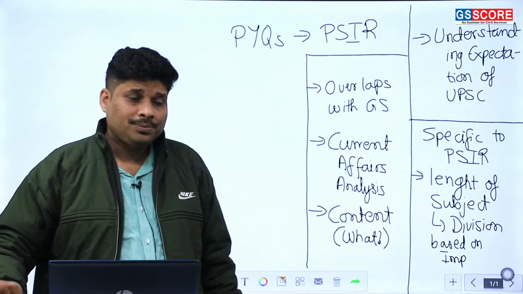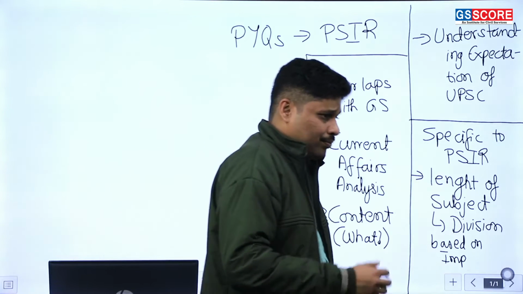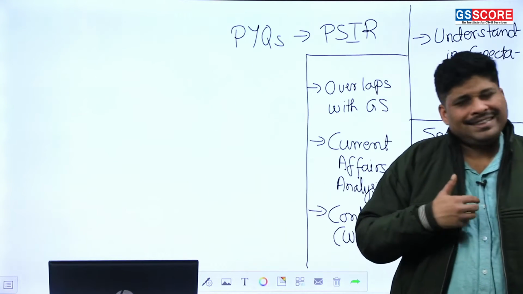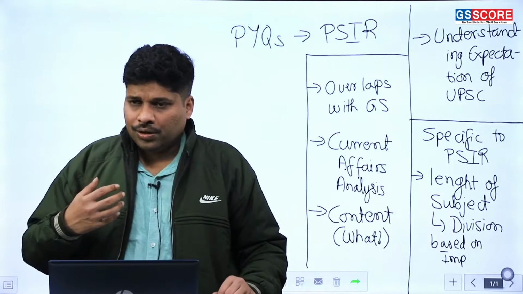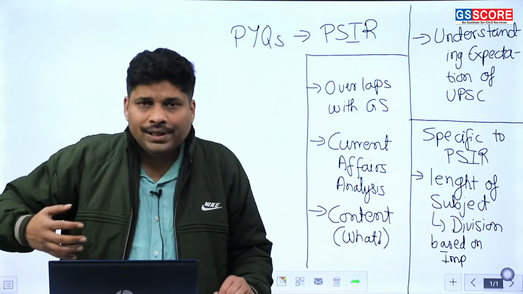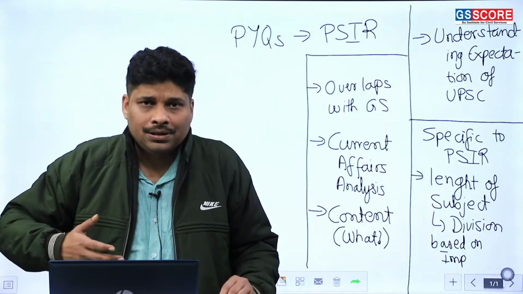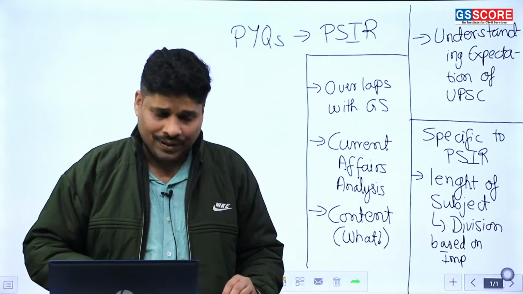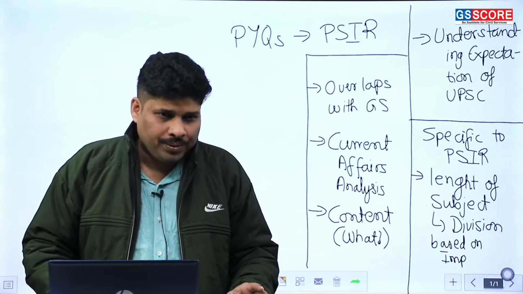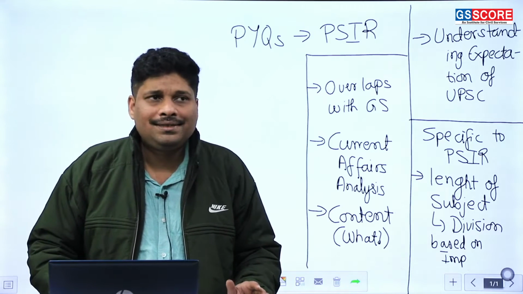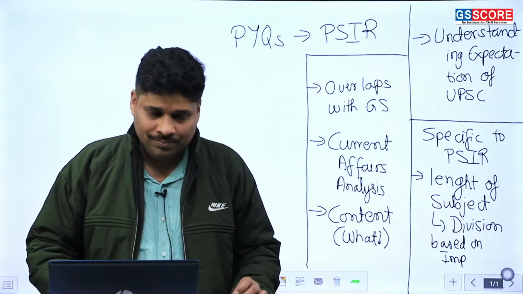Again, because PSIR is such a big subject, what I have seen, and this happens because of so many influencers and toppers speaking about the diversity of content, is that influencers and sometimes even toppers will suggest you read the original material.